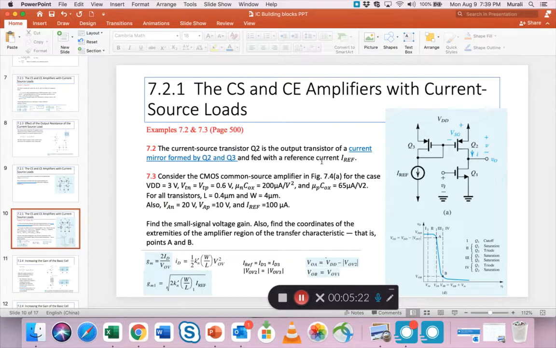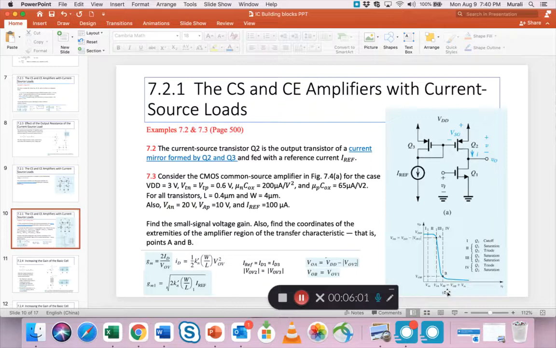So I'll let you read it, and then there's a numerical example based on the ideas shown in 7.2, where a lot of process data is given, and we are asked to solve for small signal voltage gain, and also these two important points A and B, which define the linear range.